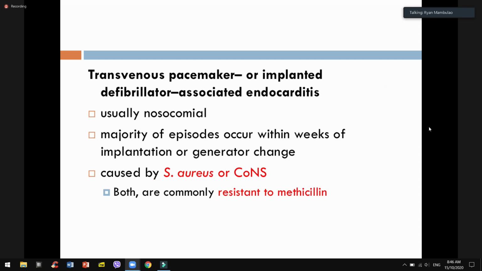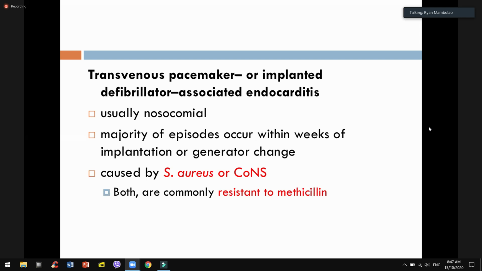Pag nilagyan ng pacemaker or defibrillator, either or coagulase negative, halos sila magkaparehas. You have a table in Harrison, mas common yung coagulase negative by a number, parang ganon. Pero on description, parehas lang sila.